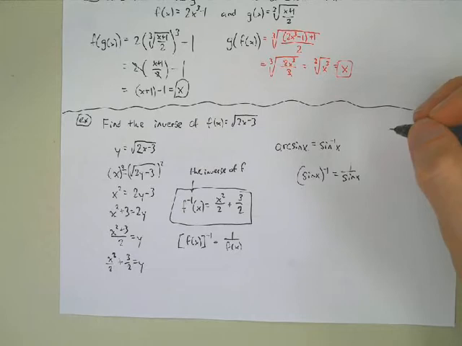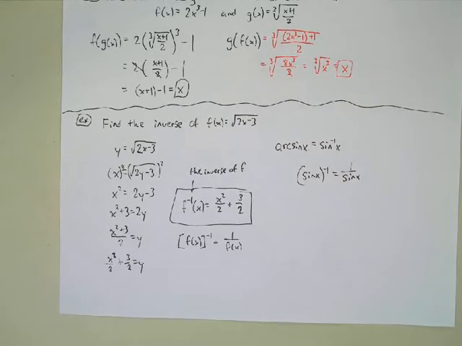On the one we did before this and this one, it was the exact same format of problem. For f of x equals 2x cubed minus 1, it became cube root of x plus 1 over 2.